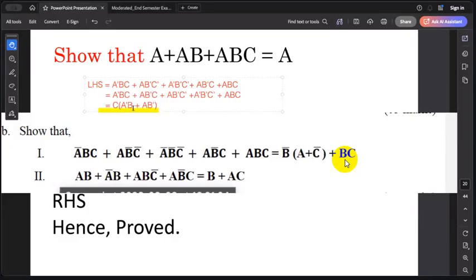I think it doesn't make any sense, but okay, let it be. So if you take here, you have common factor B bar, which is with A plus A bar. C bar also common. And we have this ABC as it is. I think we have to pair up with this one only. Okay, we will see.